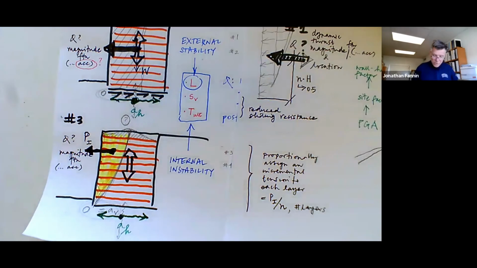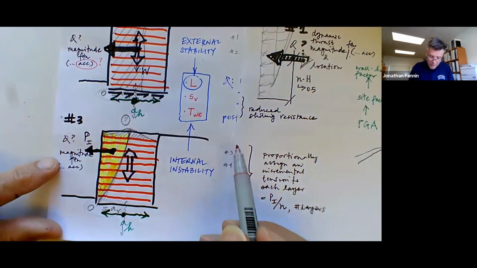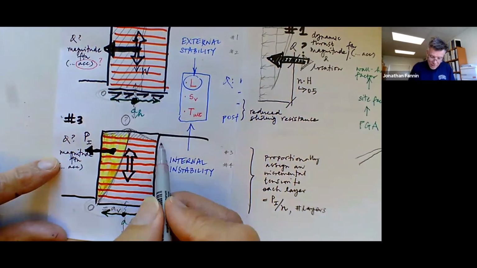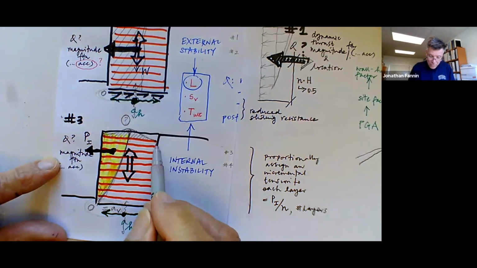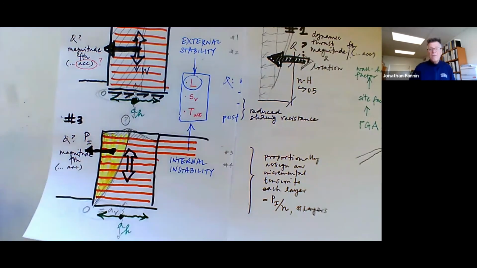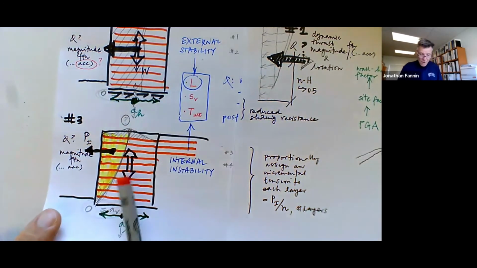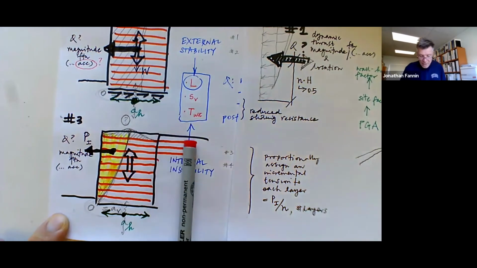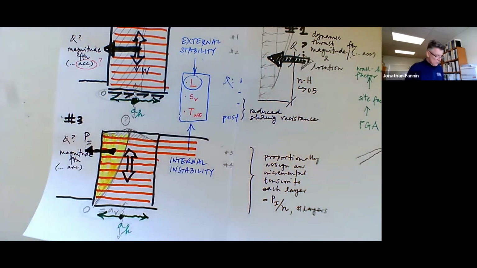And actually, if I was to share a final closing comment, there is a tendency amongst owners and informed contractors building structures to extend, if possible, the uppermost layers a little bit further. It's an empirical rule of thumb.